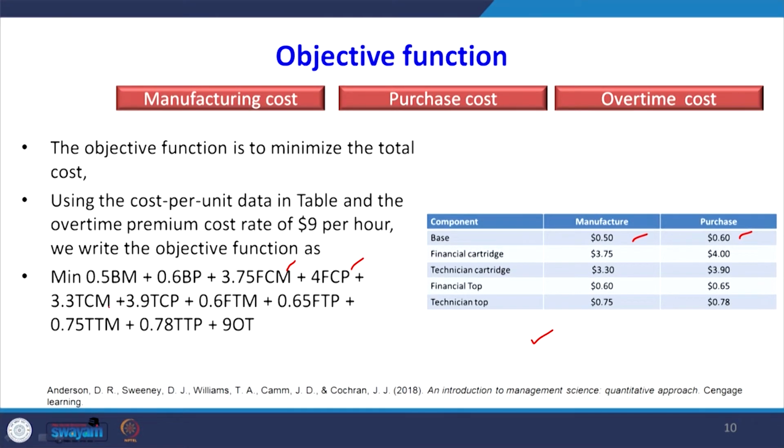TCM for manufacturing, TCP for purchasing, FTM for manufacturing, FTP for financial top purchasing, TTM manufacturing technician top, TTP purchasing. Then 9 OT, because there is $9 for each overtime hour.